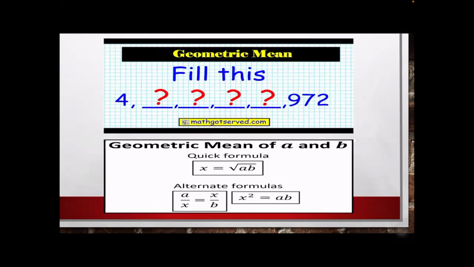Geometric mean of the A and B. The quick formula that we'll have is x is equal to the square root of A times B. Or can have A over X is equal to X over B. Then X squared is equal to AB. Sometimes ito yung ginagamit kapag ang given ay dalawa lang. Kunwari, 4 blank, 972. Pero pag madami, we have to use the formula.